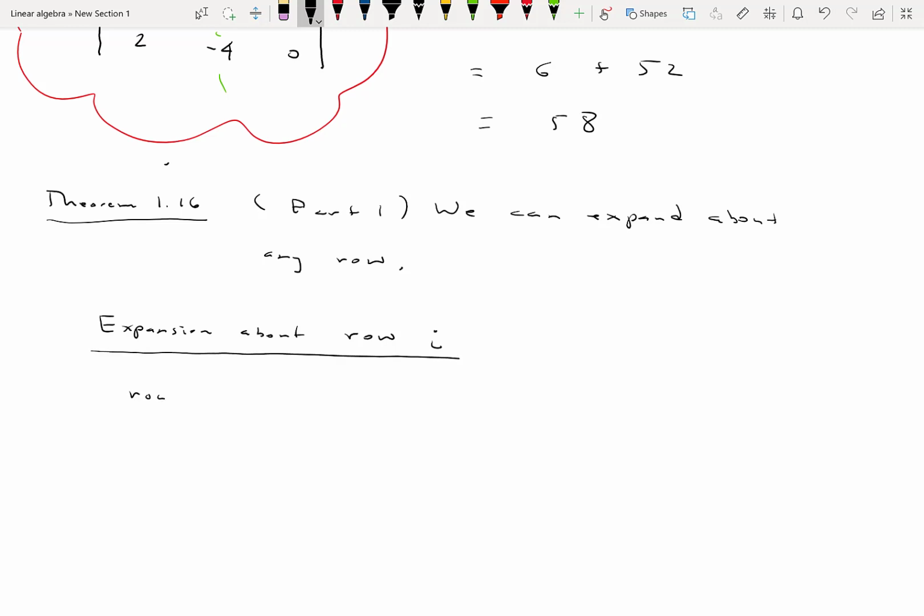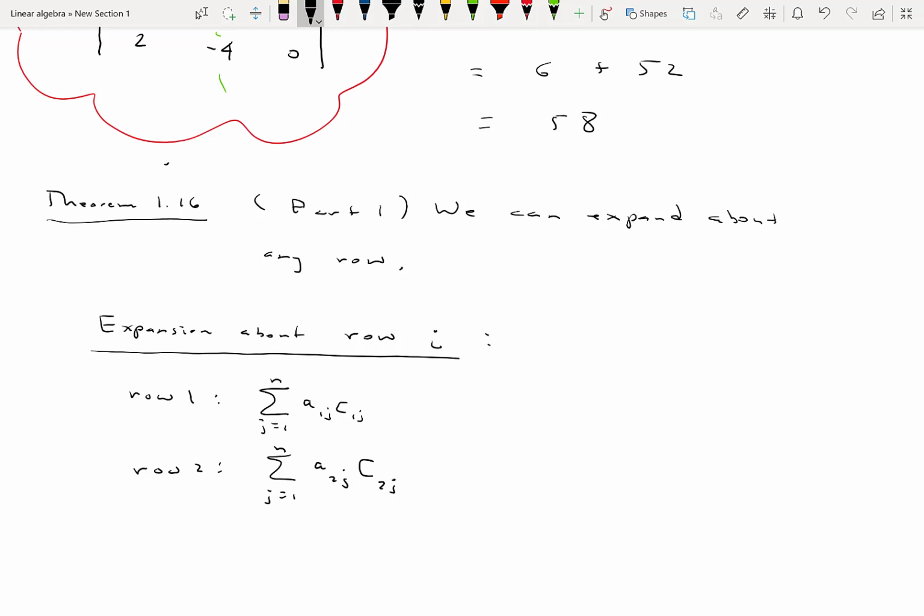Remember, if it was row 1, we got the sum of a_1j c_1j, j goes from 1 to n, which was 3 before. If it was row 2, it was a_2j c_2j, j goes from 1 to n.